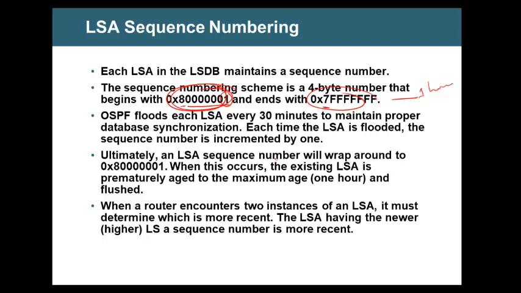This sends the DBD every 30 minutes to make sure that everyone has the same identical database. If you want to see the sequence number, you can see it in the same command, show ip ospf database. Here it shows that this update was received 8 seconds ago from this advertised router 192.168.1.67.